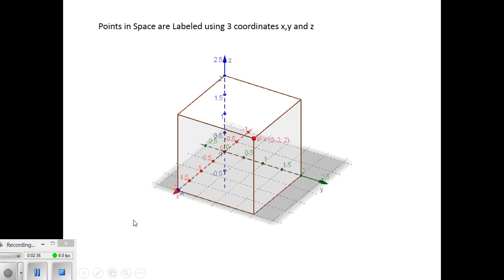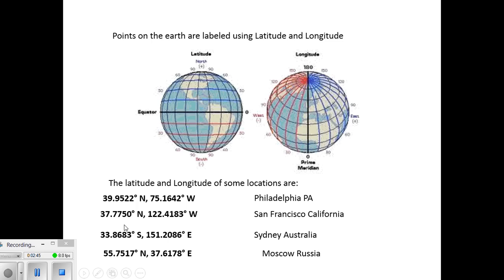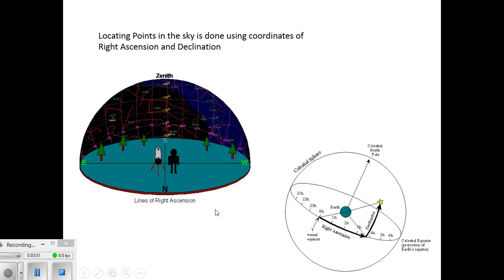Points in 3 dimensions are referenced along the x, y, and z axes. On the surface of the Earth, any point is given with latitude and longitude. Here are some latitude and longitude positionings for some of the cities throughout the world, just something to be interested in.